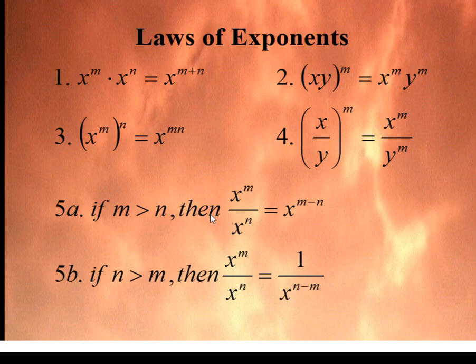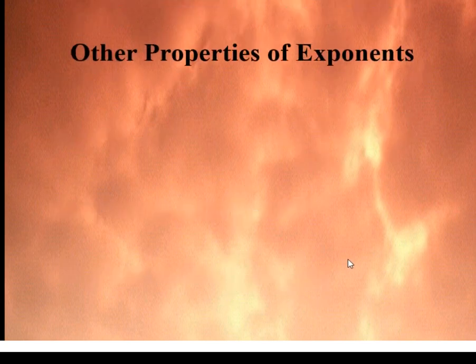These bottom two are basically saying that when you have a fraction, you take the top number minus the bottom number, so x to the m minus n. The second point here, 5b, is basically saying that if the n is bigger than the m, you're going to get a negative number, and any exponent that's negative goes in the bottom.